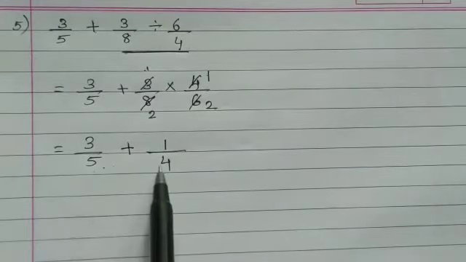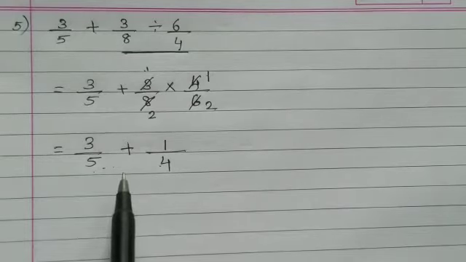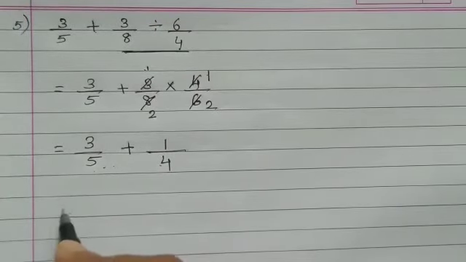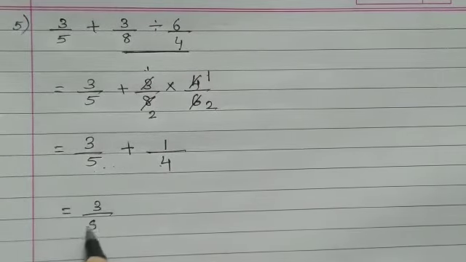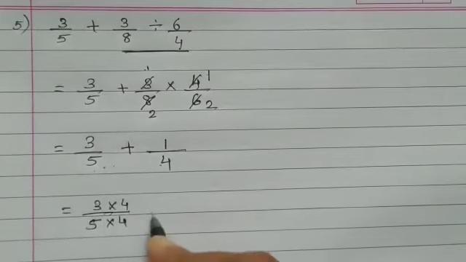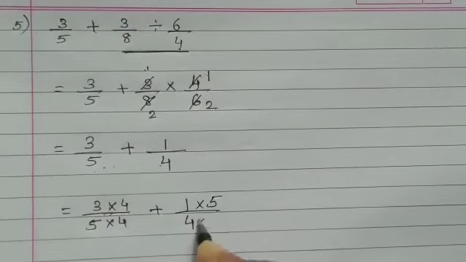Now we have to add these two fractions. Now to add these two fractions, what we have to do? We have to equalize the denominator. So how will you equalize? 3 upon 5 multiplied by 4 plus 1 upon 4 multiplied by 5.